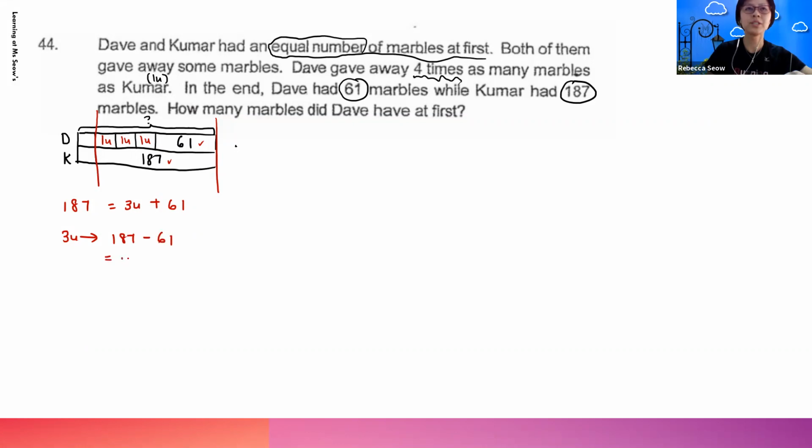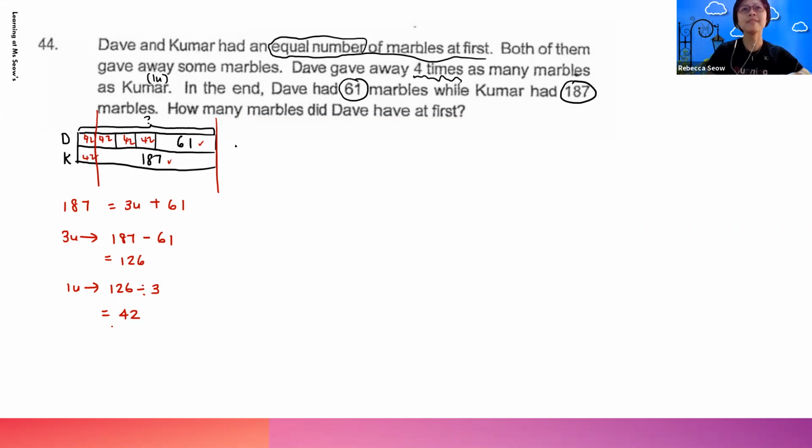So that will give us 126. If we know what 3 units is, we can find what 1 unit is. So 1 unit will be 126 divided by 3, 42. Knowing what 1 unit is makes life a lot simpler. So for every 1 unit that you see, you can put in 42, 42, 42, 42, 42.